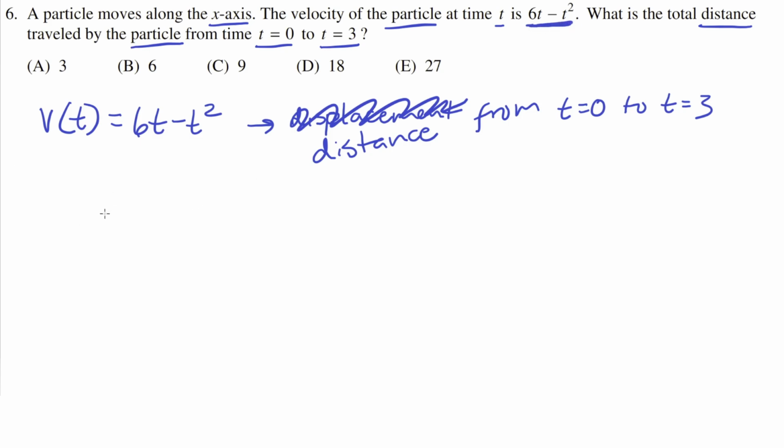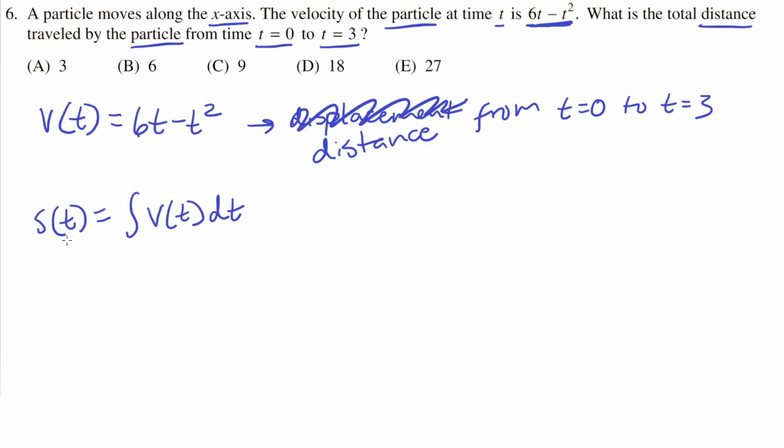Okay, so since we're given the velocity, we want to find the displacement function, meaning s of t. We'll use that for the displacement function. We need to take the integral of v of t dt.